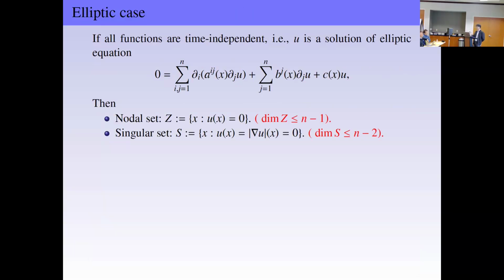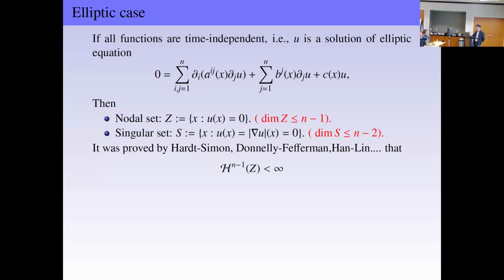These two sets, the nodal set and the singular set, have been well studied in the elliptic case. Let me record the result. It was proved by Hardt and Simon, Donnelly, Fefferman, and Han and Lin, and many others. They can show that the (n-1)-dimensional Hausdorff measure of the nodal set is finite. One crucial point in the proof is that the dimension of the singular set is less than or equal to n minus 2.